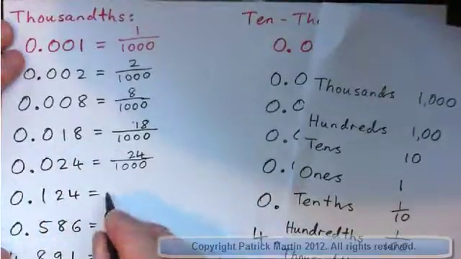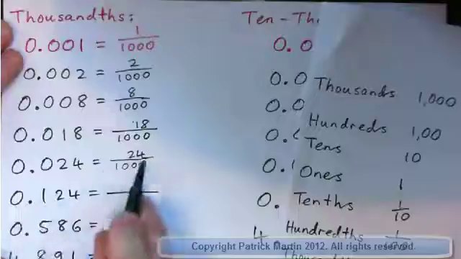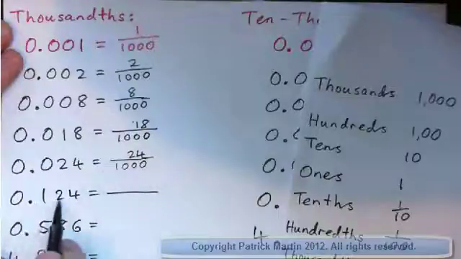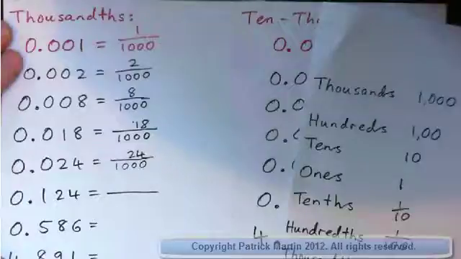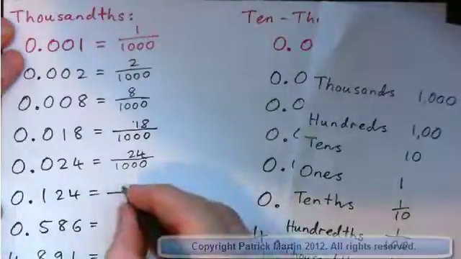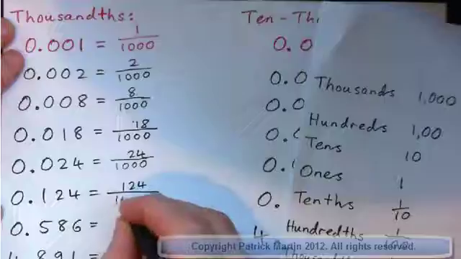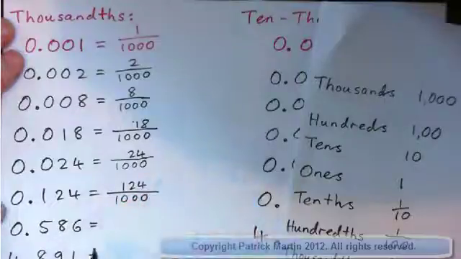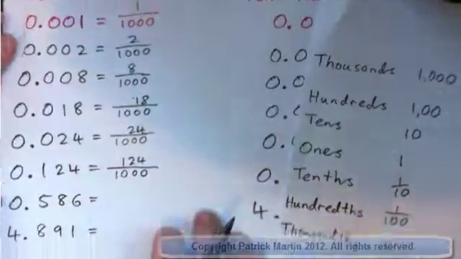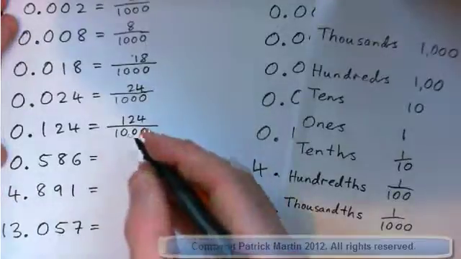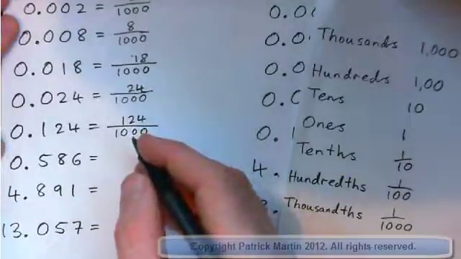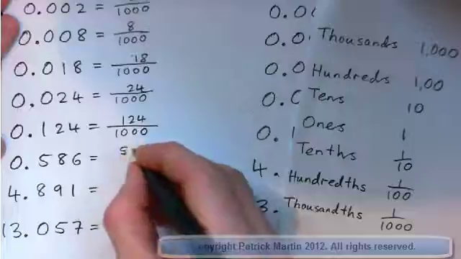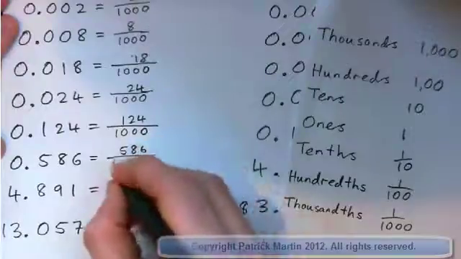Anyway, okay, how about this guy? If you've got not just 24, but 124, 0.124. Is that 124 thousandths? Yep. How about this guy? 0.586. 586 thousandths, right?